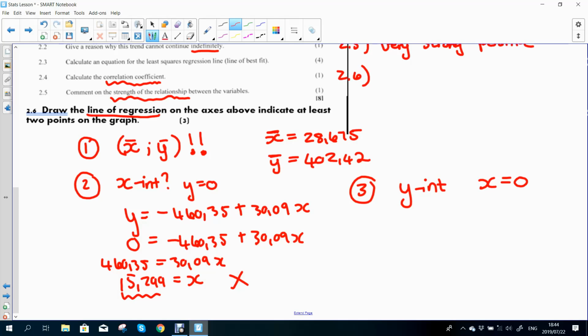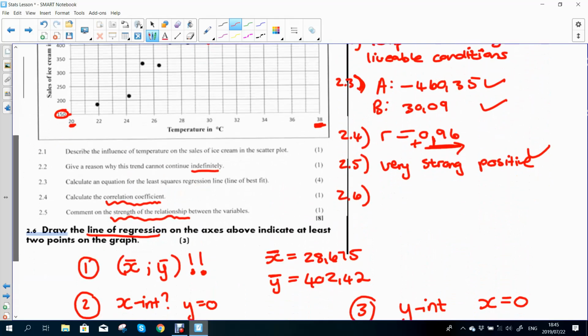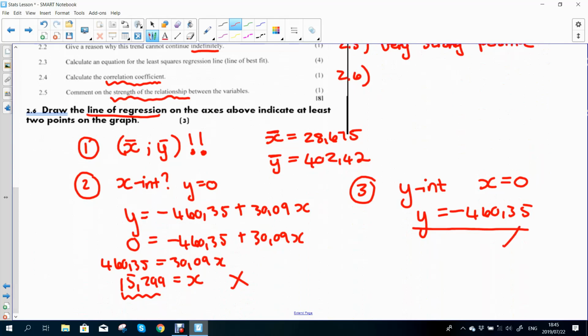If I do that, I get a y-intercept of minus 460,35. Guys, this is very, very low. If you look at your lowest y value, your lowest y value is 150. So you can't even plot your y-intercept. So that's also not going to work. So what then? Because I need another point, you see. This is the only point I have so far.